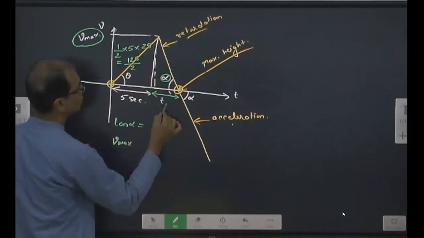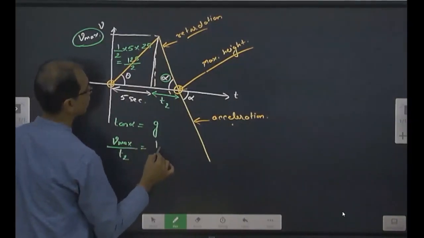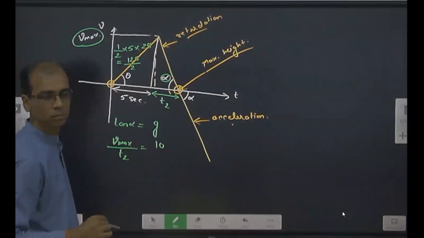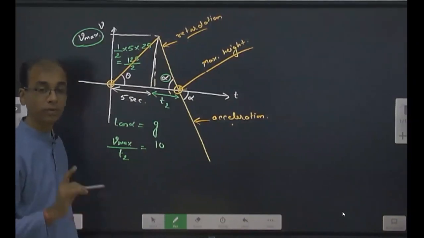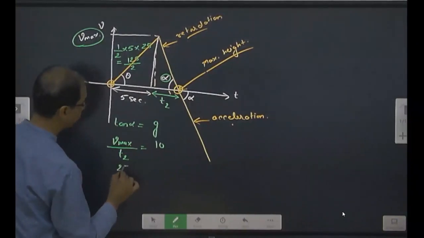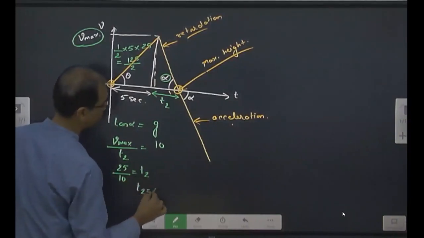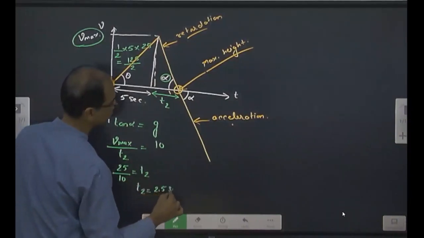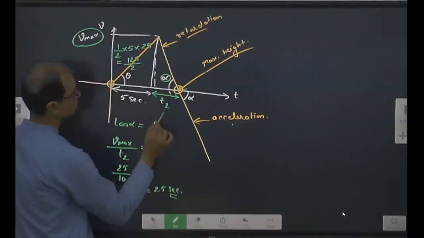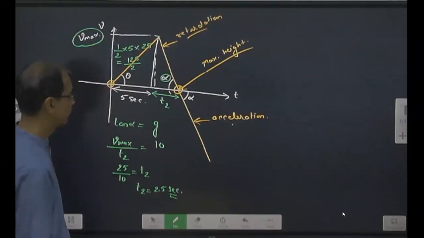If I say this is T2, then V max by T2 equal to g, which means 10. And the V maximum value I know is 25. So 25 by 10 equal to T2. So I have the T2 value, 2.5 seconds. We have the T2 value. Okay, note this.